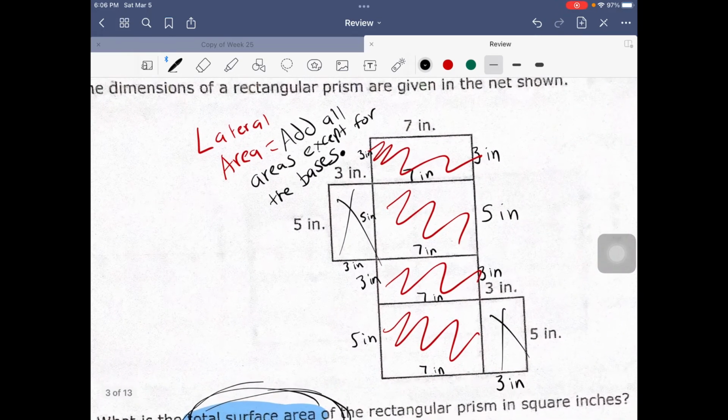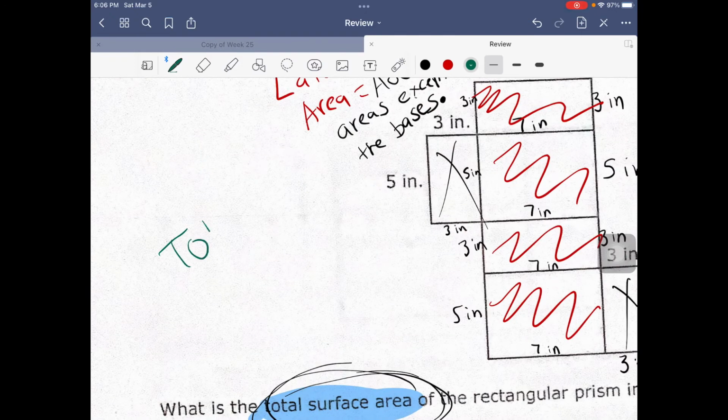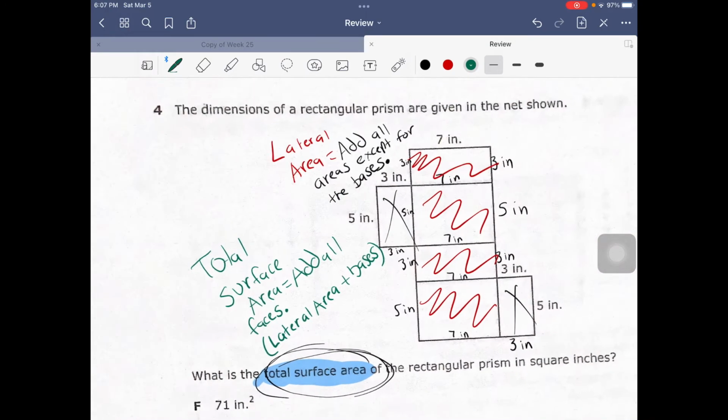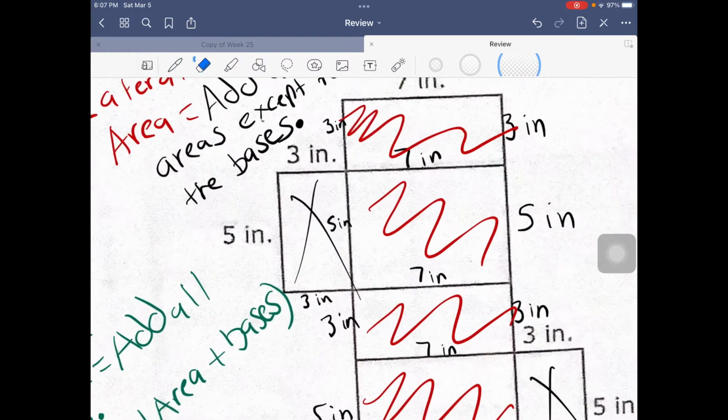But when they tell you to find the total surface area, you add all areas, all faces, meaning the lateral area plus bases. There we go. So let's go ahead and find these. Vamos a encontrar estos.